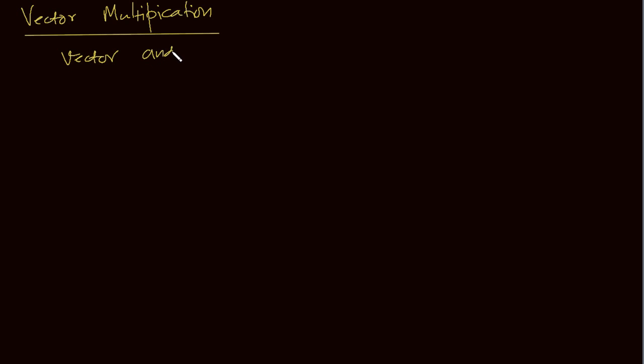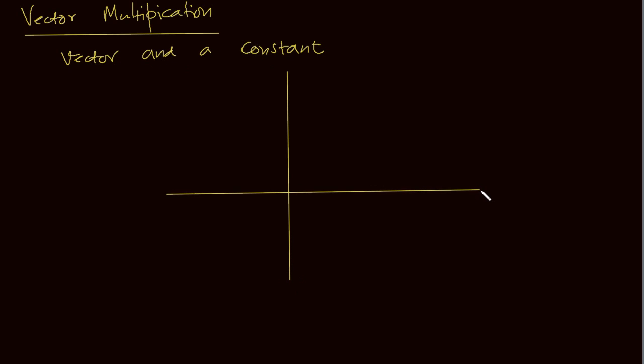Now, a very important topic of vector multiplication. So the first type of multiplication is vector and a constant. So let me draw the axis.